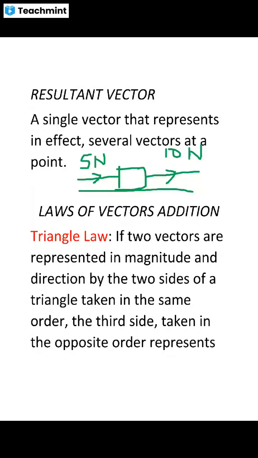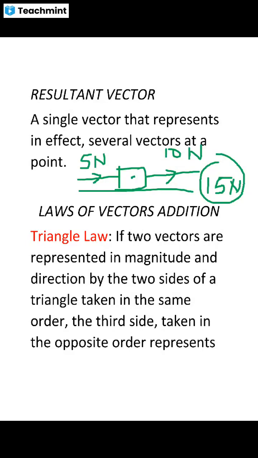Instead of asking one boy to pull by 10 Newton and the other one to push by 5 Newton, I can just ask either of them to push by 15 Newton. You can see these two forces are acting at a point, and in effect, they are applying a force of 15 Newton. So this is a single force that represents these two forces acting at a point.